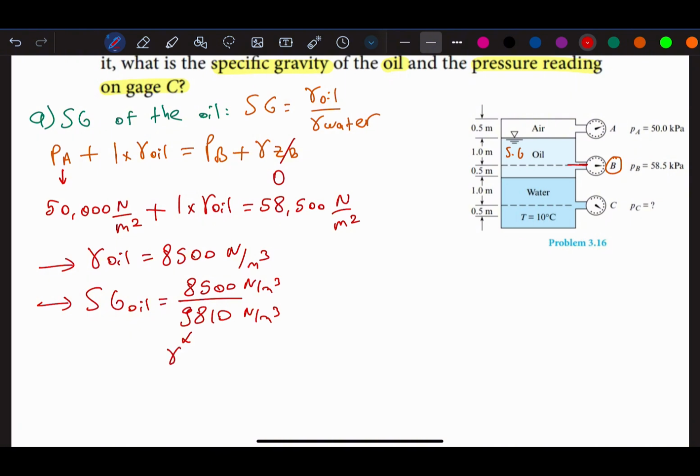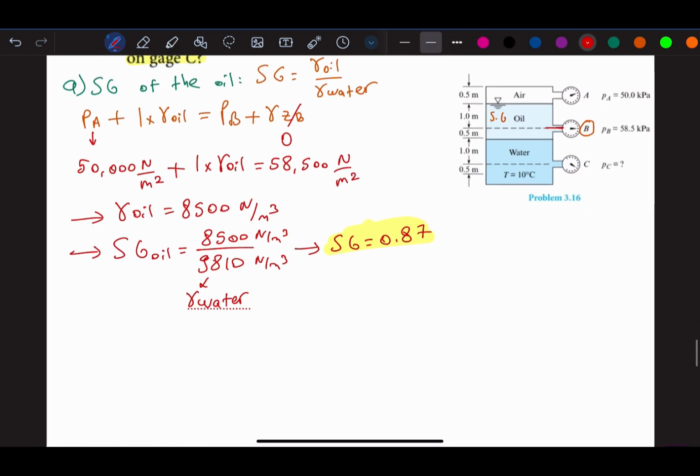And this is specific weight of water, and this one is for oil. Therefore, we can get specific gravity as 0.87. So this is the first result for specific gravity of the oil.